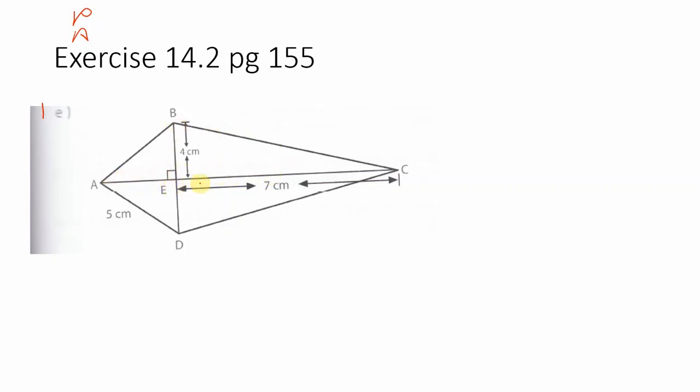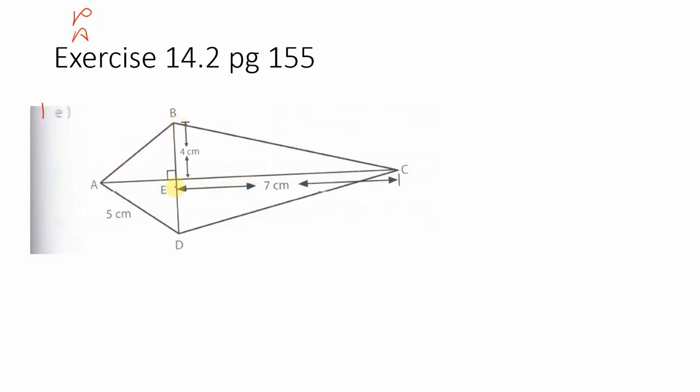So in this particular example we have a kite. We have the line of symmetry, we have the 90 degrees for a kite. The diagonals meet at a 90-degree angle.